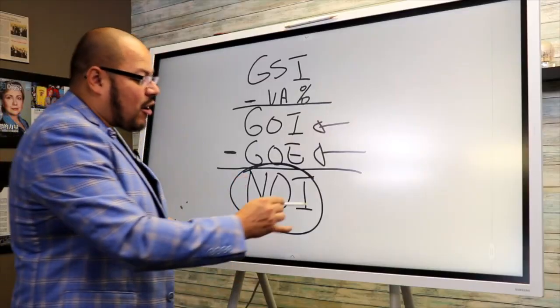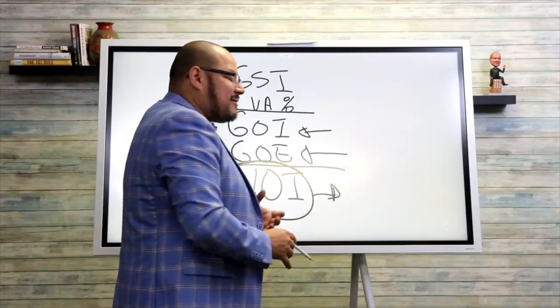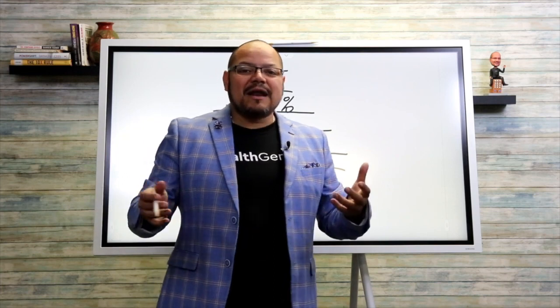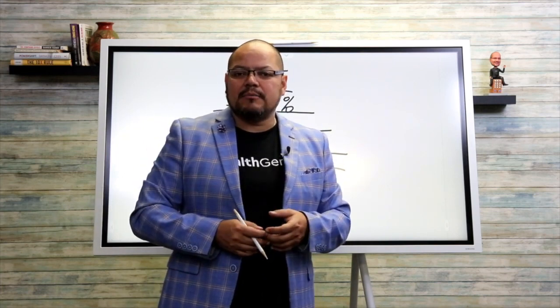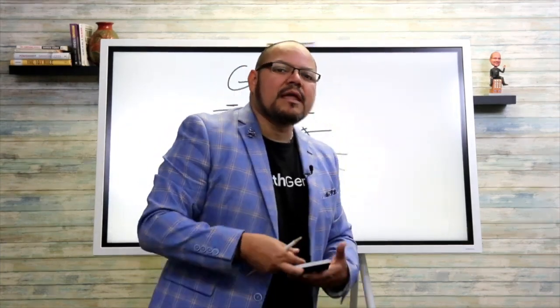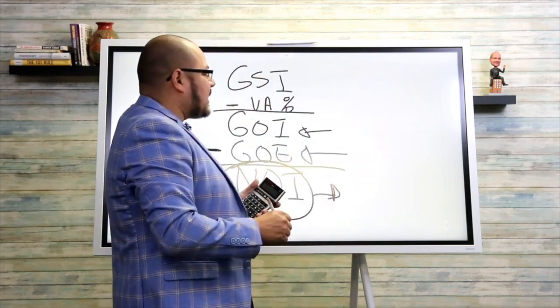And from that net operating income, we're going to divide it by whatever cap rate your market commands. For example, let's say that I got my handy dandy calculator here. Let's say you're in a 5 cap, right?